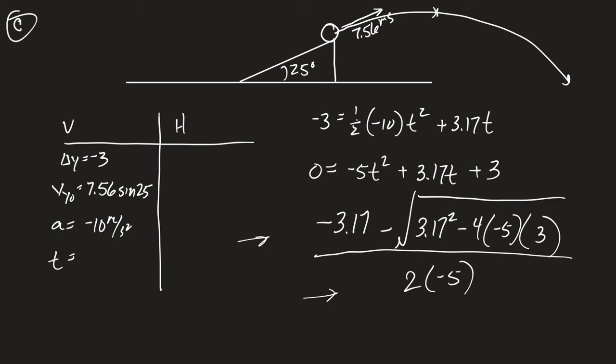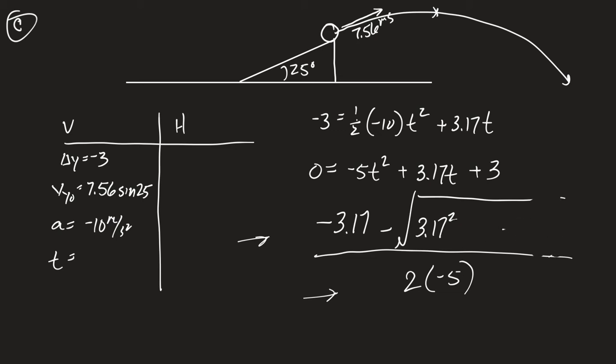But this is what I have to do. Now, this is why I don't want to do it. I don't want to do all this minutia. This goes into your calculator. If you didn't get the right number for the time, then take more steps. Figure out 4 times 5 times 3. That's 60. Put 60 in there. Then figure out 3.17 squared.